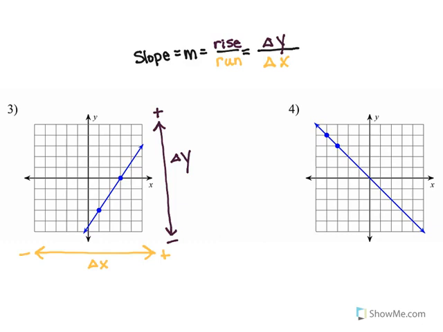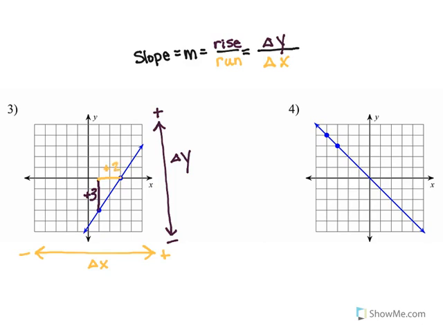Okay, so let's do our change in y first, because that goes on top. So I'm going to go up 1, 2, 3, and up is positive, so it's plus 3. Now I'm going to go right 2, 1, 2, and right is positive, so it's plus 2.